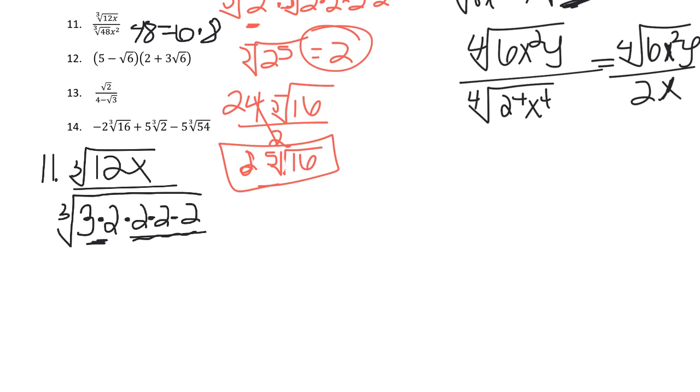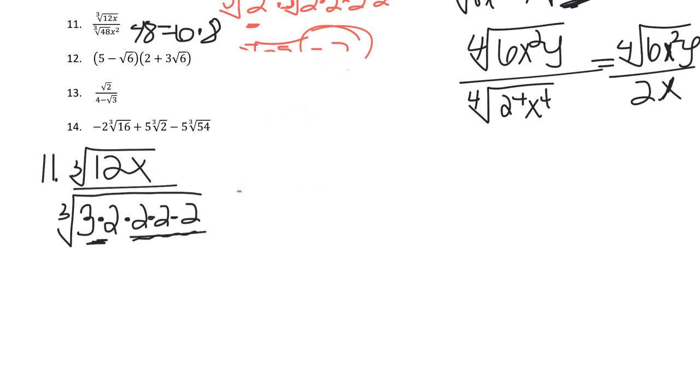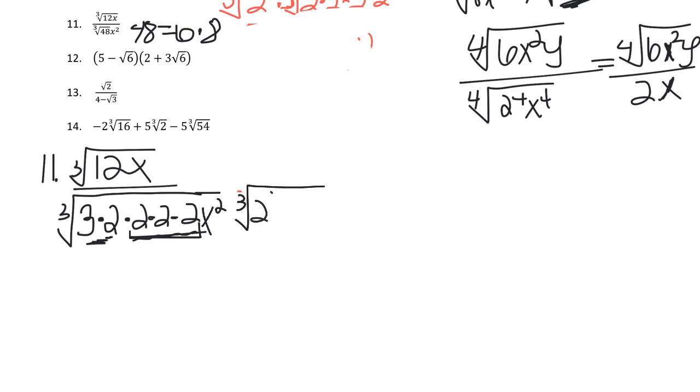So when I multiply, I'm going to move this answer out of the way here. And then we have x squared also underneath there. So I need to multiply so that I have groups of 3. I already have one group of 3, but I have 1, 2, so 2 squared will give me 3 total, and a 3 squared will give me 3 total 3's, and then I need 1 more x to make it x cubed.